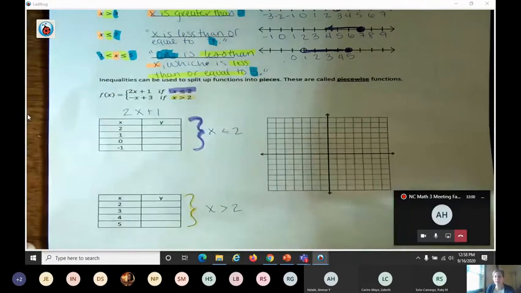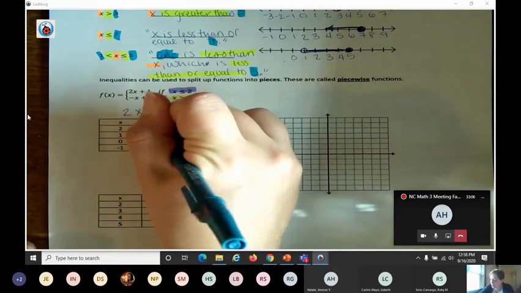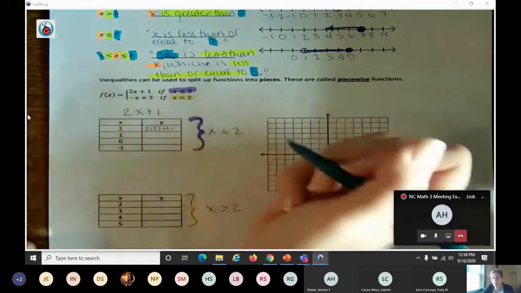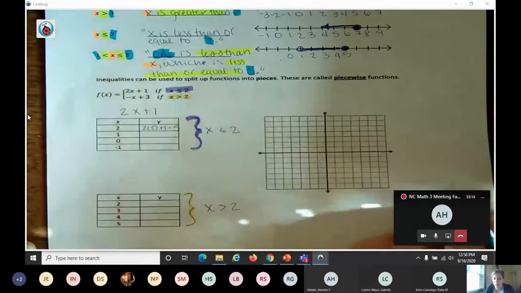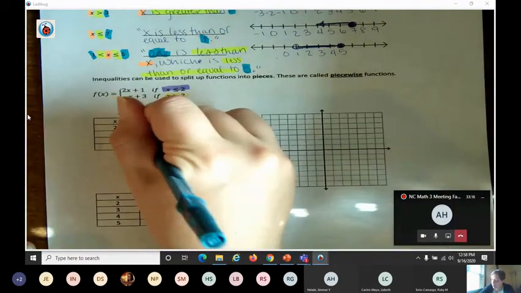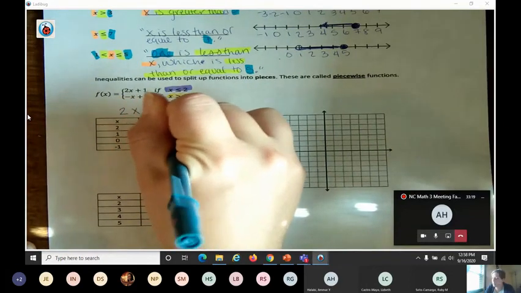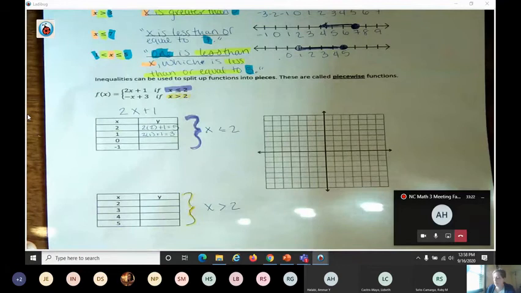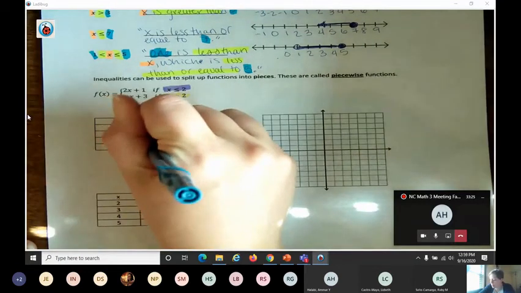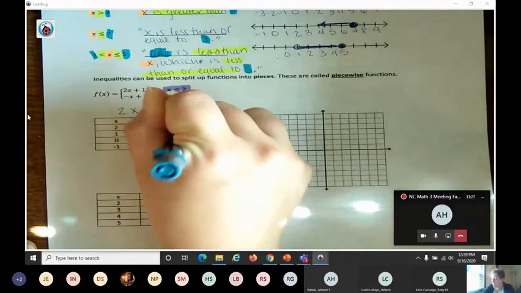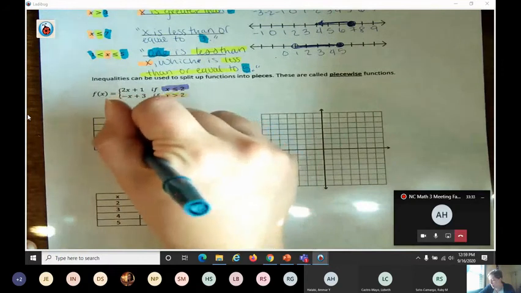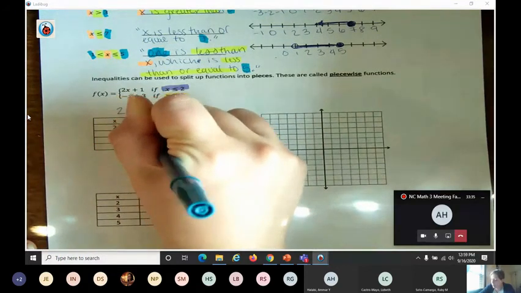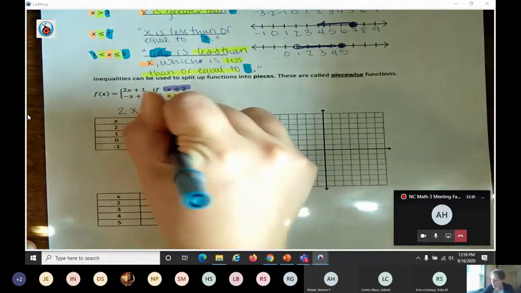So we are subbing these values into 2x plus 1. So this one is going to be 2 times 2 plus 1. 2 times 2 is 4, plus 1 should give me 5. Then I'm going to have 2 times 1 plus 1, which should give me 3. Then I have 2 times 0 plus 1 should give me 1. And then I have 2 times -1 plus 1, which should give me -1 as my final answer.